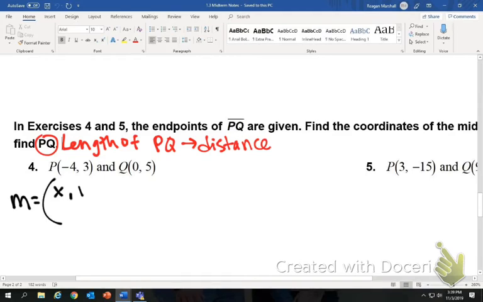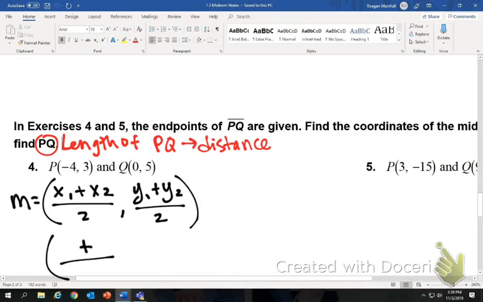Use our formula, x1 plus x2 divided by 2, and y1 plus y2 divided by 2. So we're going to add our 2 x's first, which would be -4 and 0.